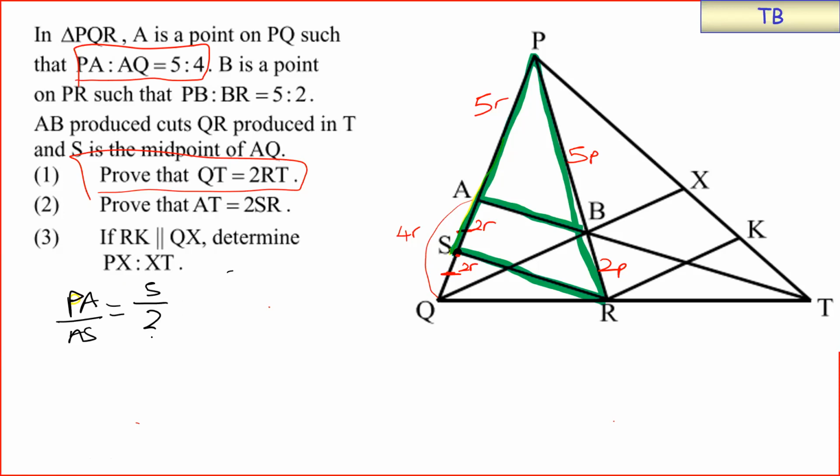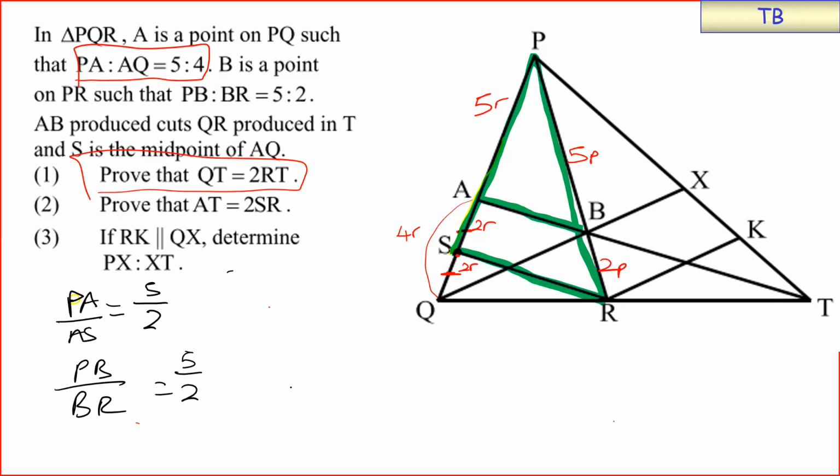Yes, sir. So PA over AS, on the diagram, is 5R over 2R, and the R's will cancel out. But if you look on the other side, you also have PB over BR, which is 5P over 2P, which is 5/2.